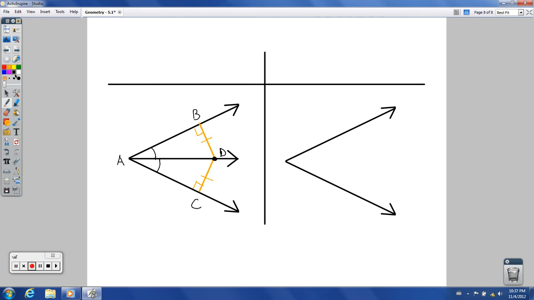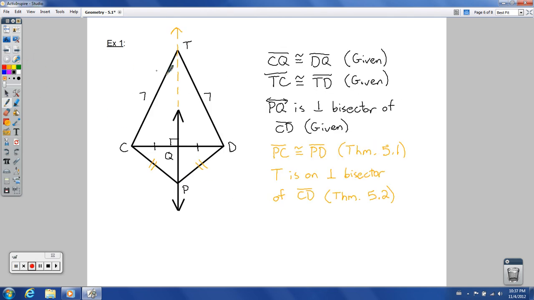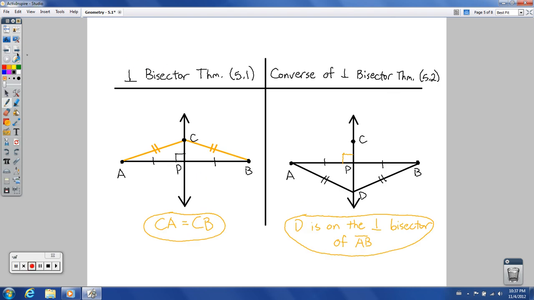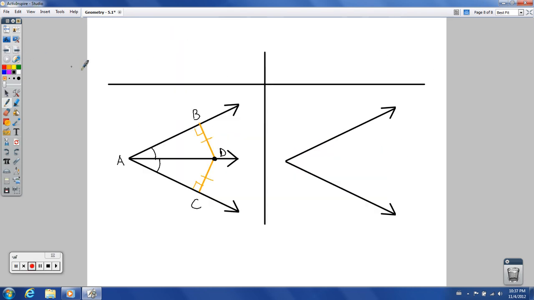Because we're talking about angle bisectors, they gave it a really good name. Here was the perpendicular bisector theorem. Now we have the angle bisector theorem. So this is the angle bisector theorem. This is theorem 5.3.